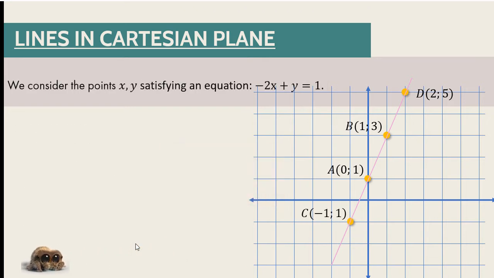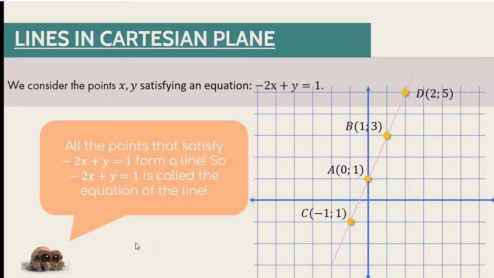And now you should realize that all the points that satisfy the equation -2x + y = 1 form a line. And the equation -2x + y = 1 is called the equation of the line. It is like another name for the line. It is like the identification for the line.